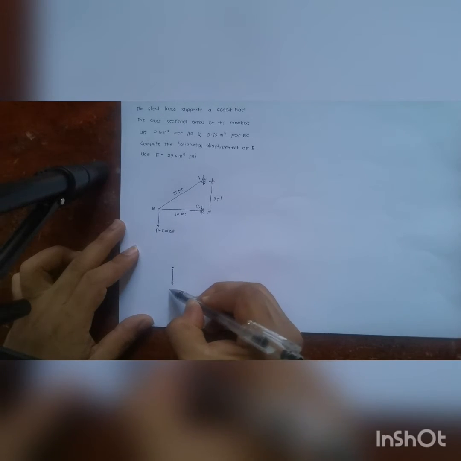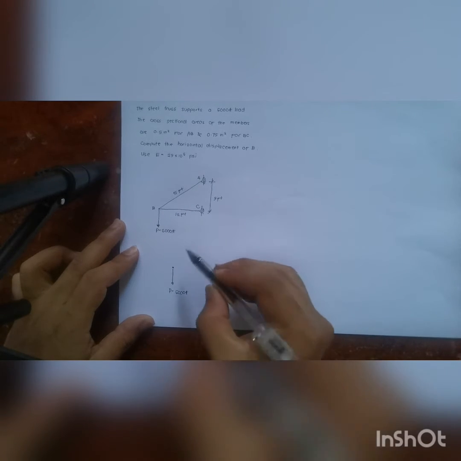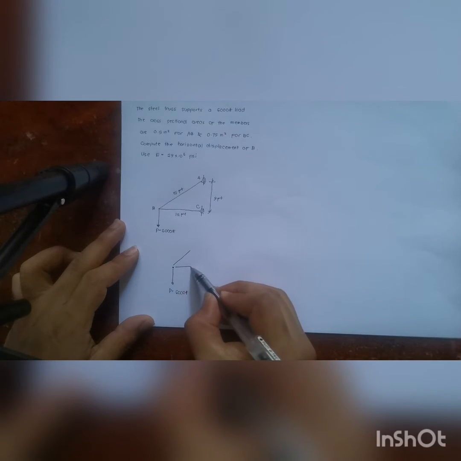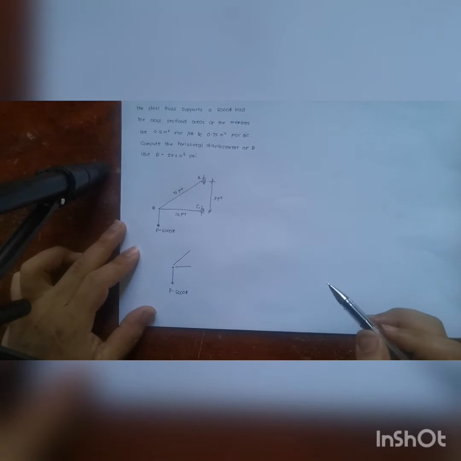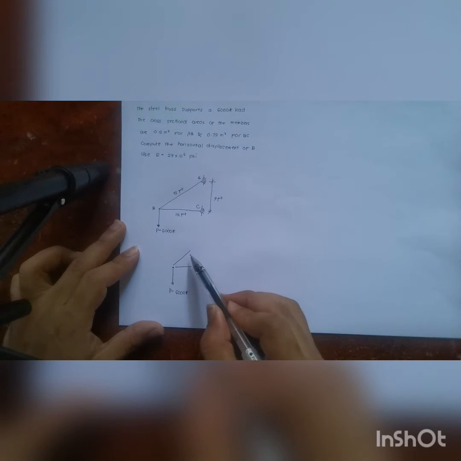First one is load P, 6,000 pounds. And then we have the axial load of AB and axial load of BC. Pero, hindi pa natin alam yung direction ng force kay AB and then BC.